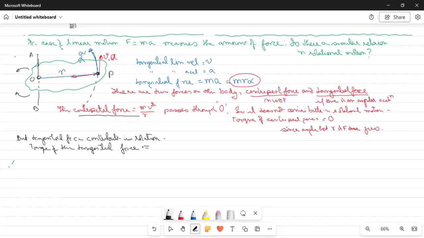What is the torque? We have earlier seen r multiplied by F. Here r and F are perpendicular, so we can simply multiply their magnitudes. Torque of the tangential force is r into the tangential force, which is mr alpha, so it is equal to m r square alpha.